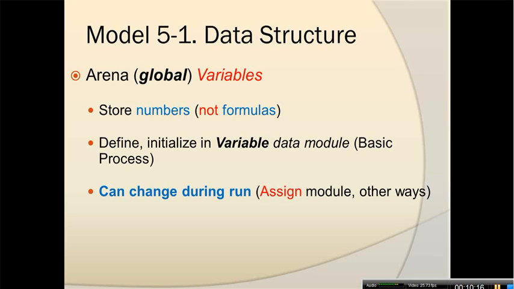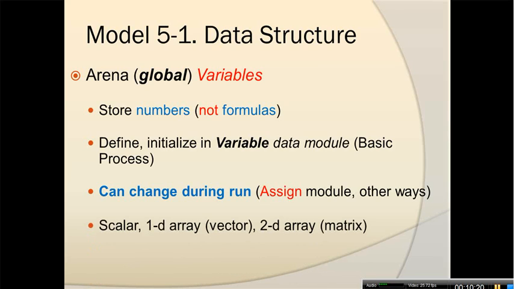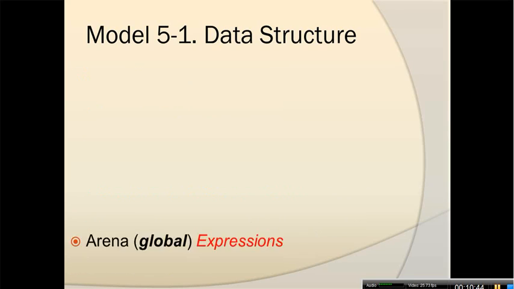We can use an assign module to do it, but there are also other ways. We could consider a scalar variable, like just a single number, or a matrix of numbers, or a vector of numbers. Any of those possibilities are possible in Arena.